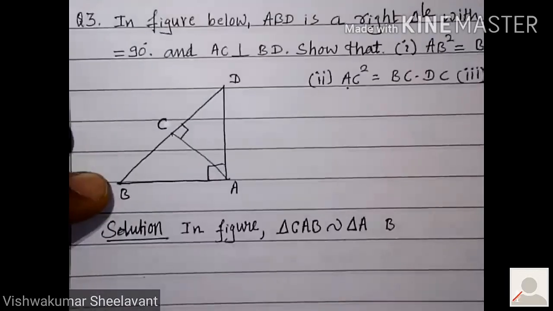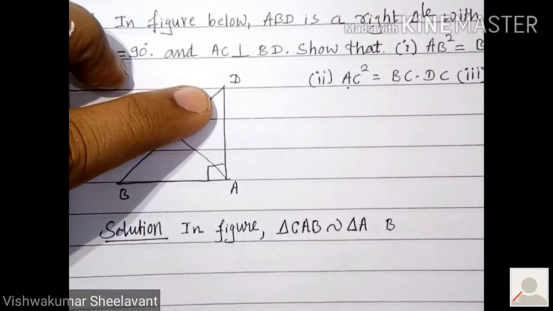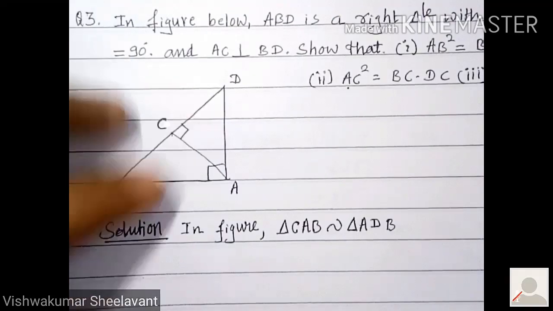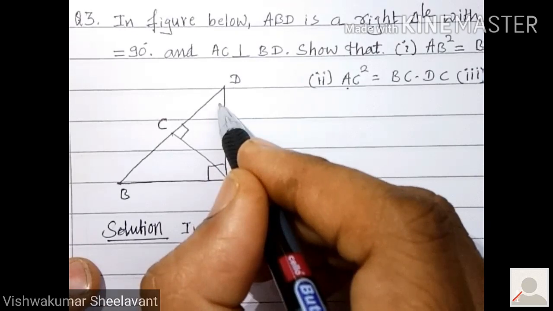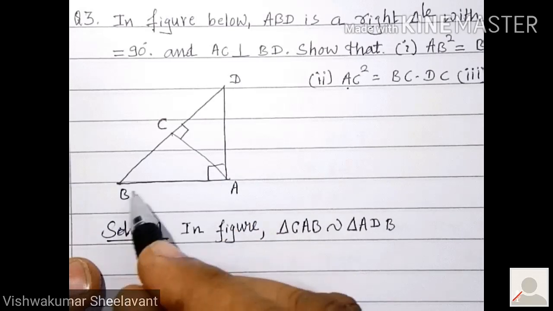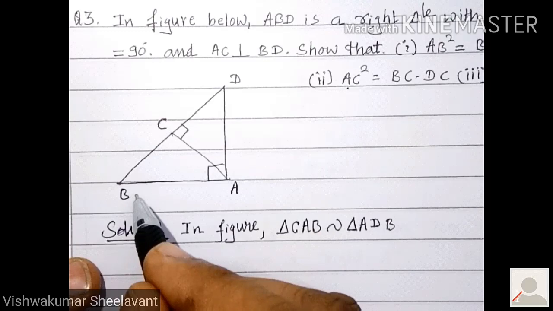Last letter. And what is remaining? D is remaining. That you have to write here. That means this angle D in triangle ABD equals angle BAC, or angle A in triangle ABC.